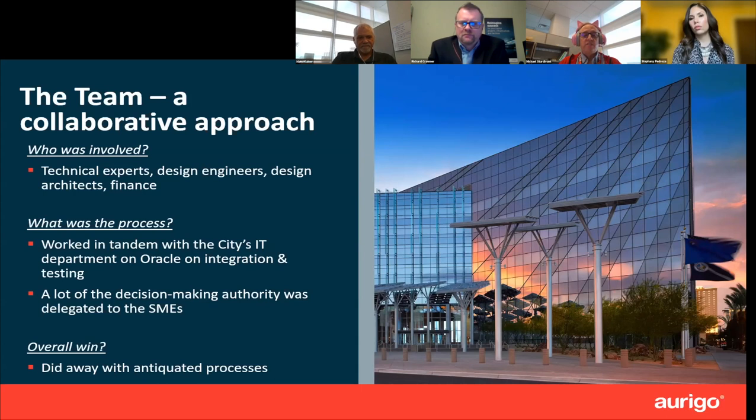The process that really helped was getting these groups together and talking about how everything worked currently. When design does something, how does that impact our construction management group, our purchasing, our finance, and map everything out, figure out what the processes are currently using, Word, Excel, emails, phone calls, texts, post-it notes on monitors, and what can we capture in that.